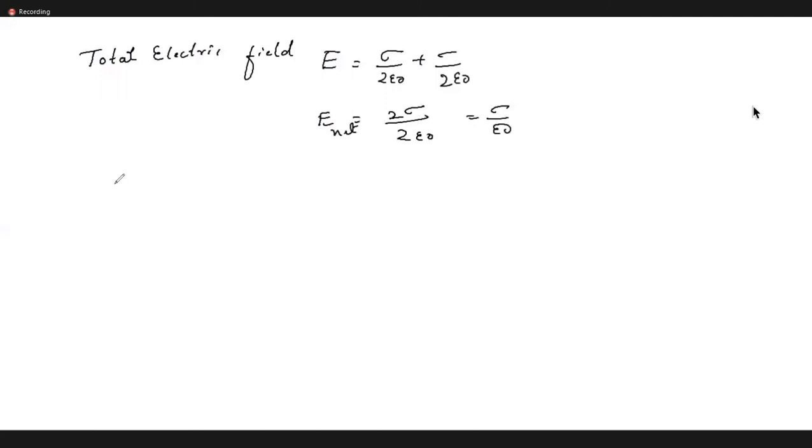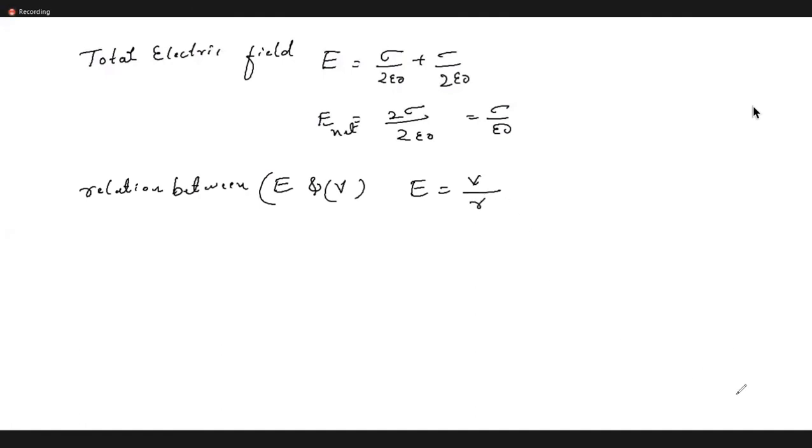Now tell me, what is the relation between electric potential and electric field? In magnitude, the relation between E and V: can we write E is equal to dV by dr, or V by r?